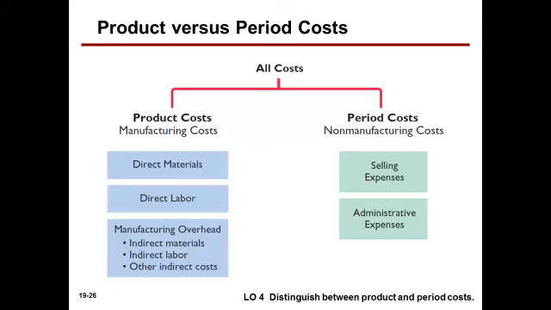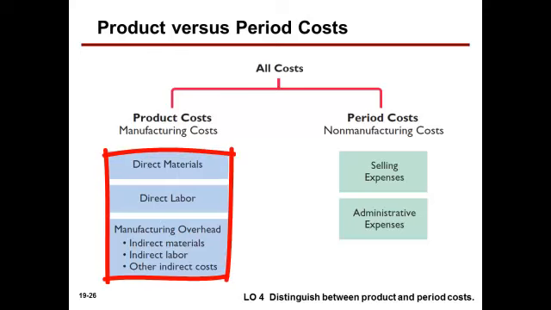Here's a chart which simply distinguishes product costs on the left, manufacturing costs, with period costs on the right, non-manufacturing costs. Now, the non-manufacturing costs are part of a manufacturing company. They're just costs incurred outside the factory, not involved in the producing of the product. So product costs: direct materials, as we've seen, direct labor, and manufacturing overhead.